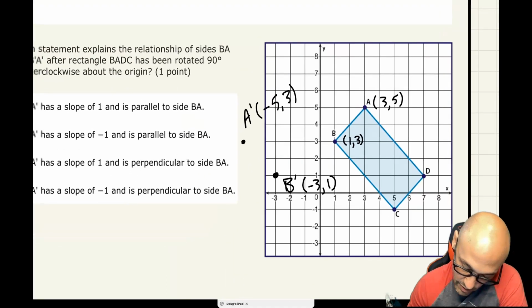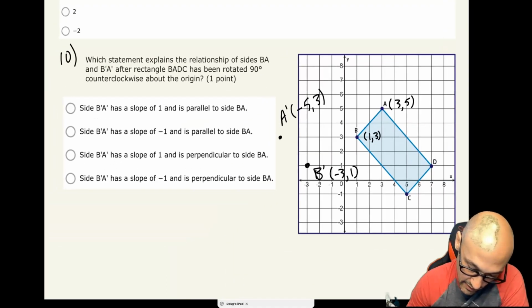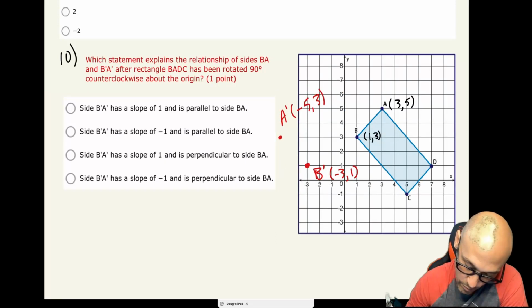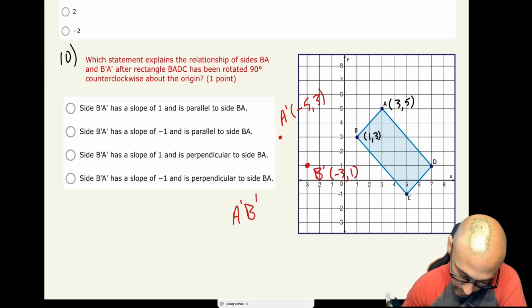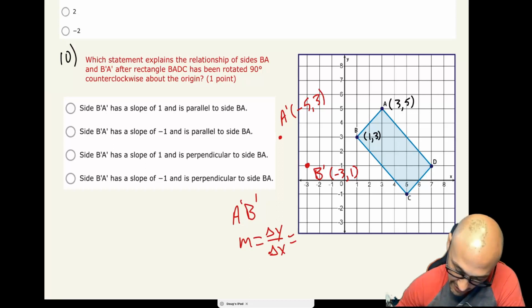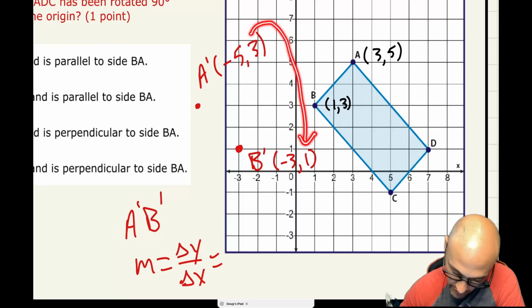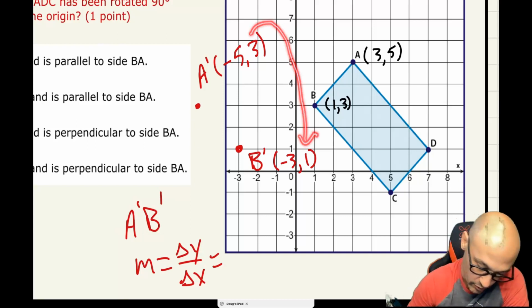And so now what we can notice is that I'm going to change the color on these. Sorry about that. We're going to make them red. So if we look at the slope of A prime, B prime, the slope, delta y over delta x, if we go from the y value here to the y value there, we subtract 2.